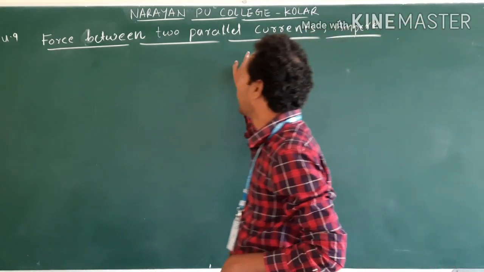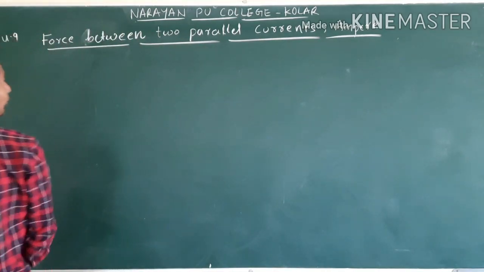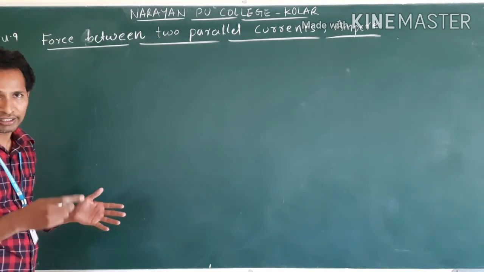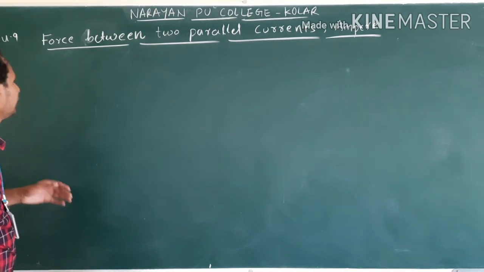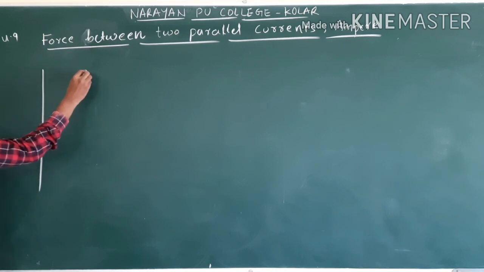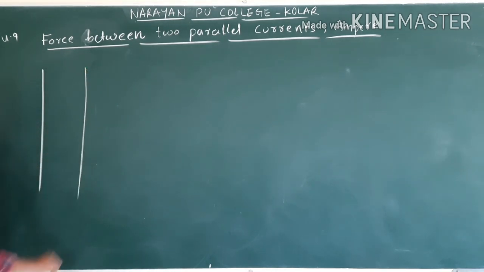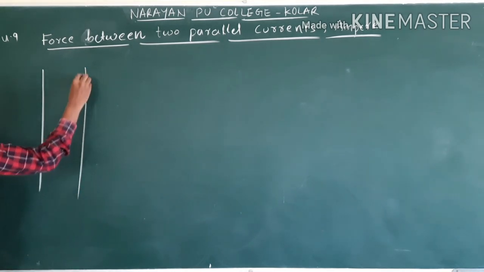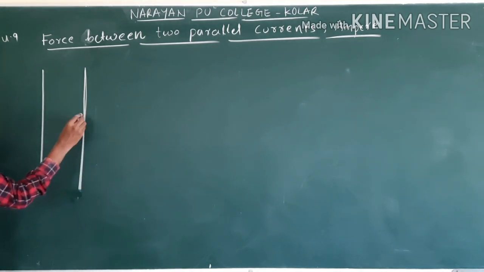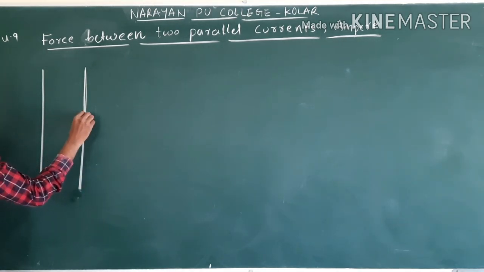Now, what is the force between two parallel currents, or two parallel current carrying conductors? Both are the same. Understand? Here I am drawing two infinitely long parallel conductors carrying current.